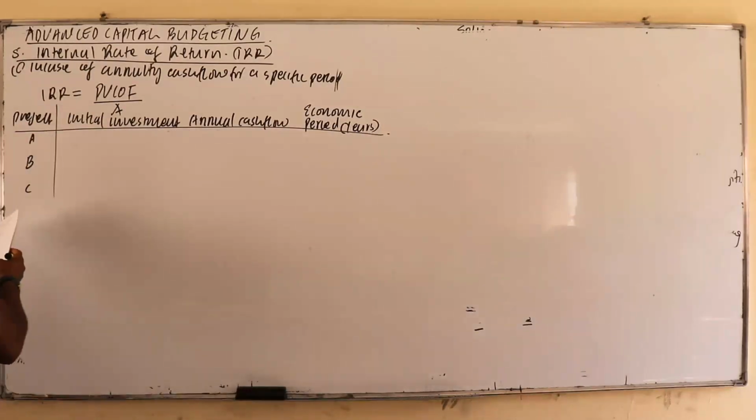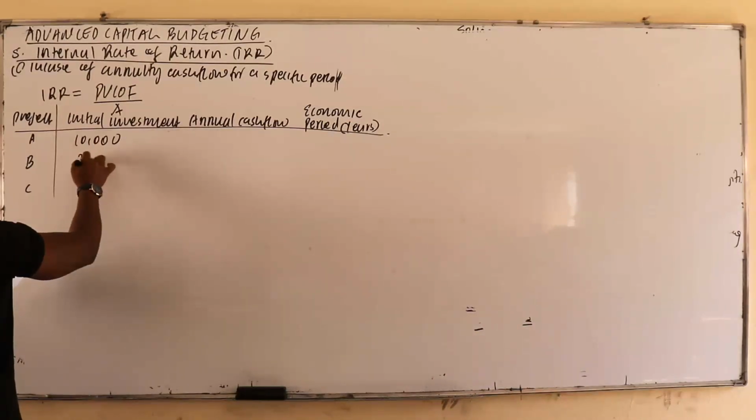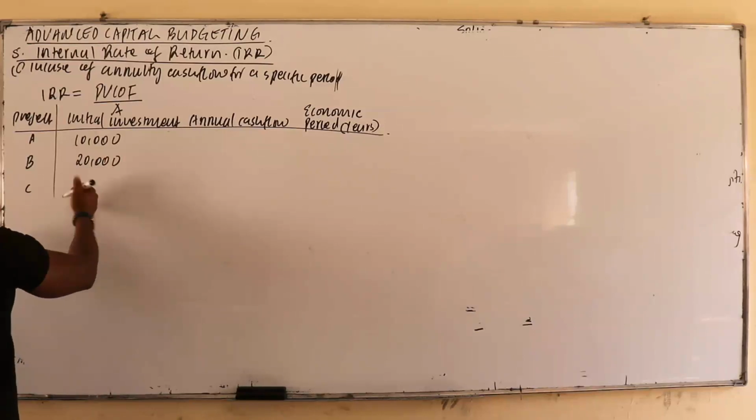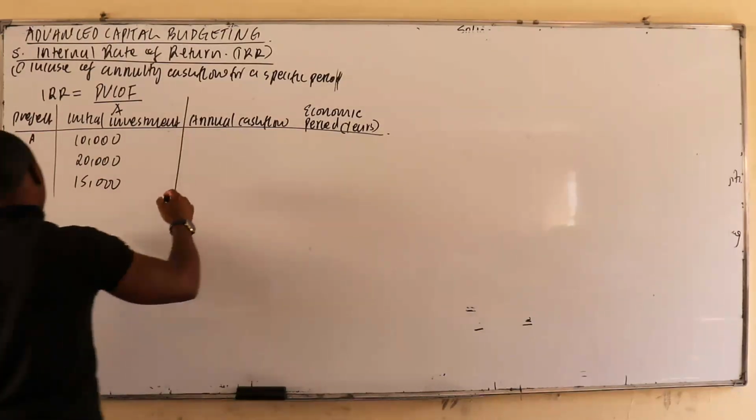So A, we have is 10, here we have is 20, here we have 15 million. Then we have the annual cash flows.